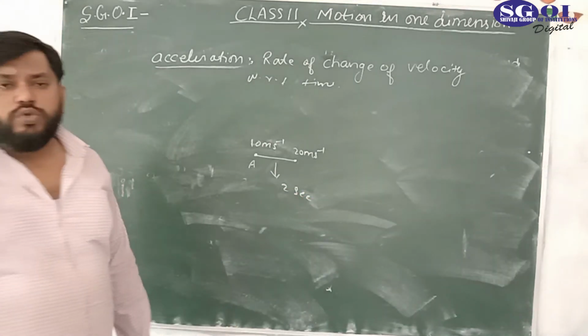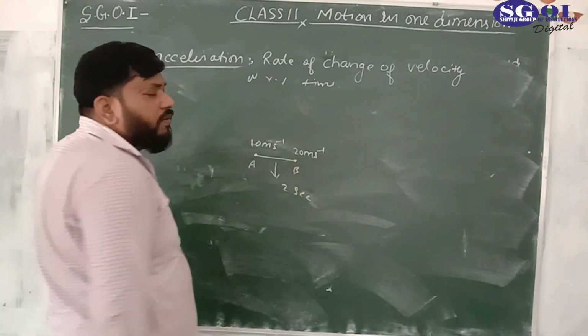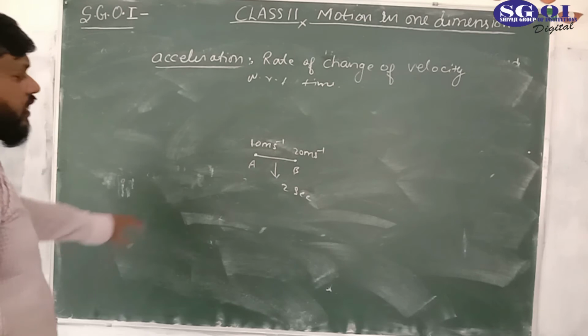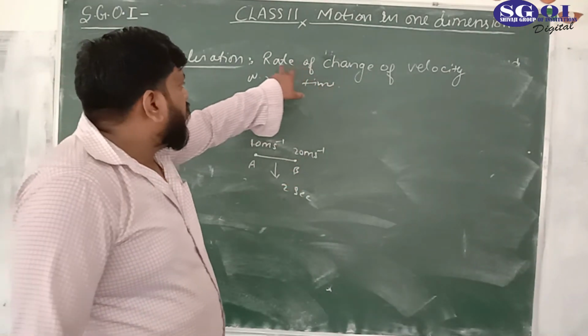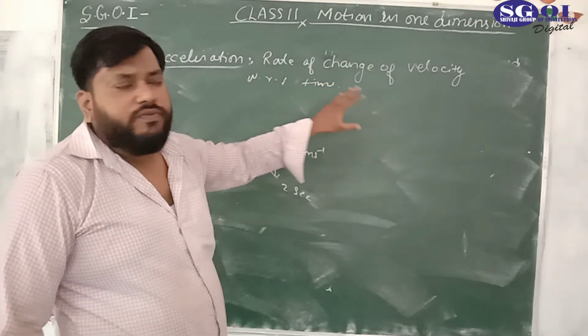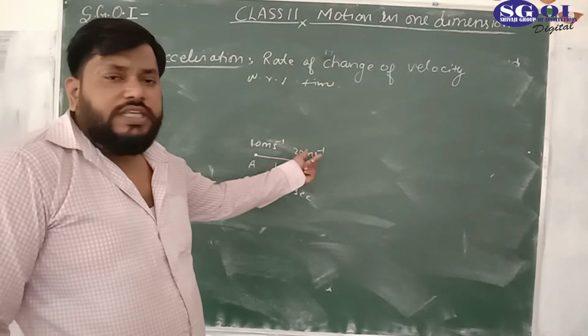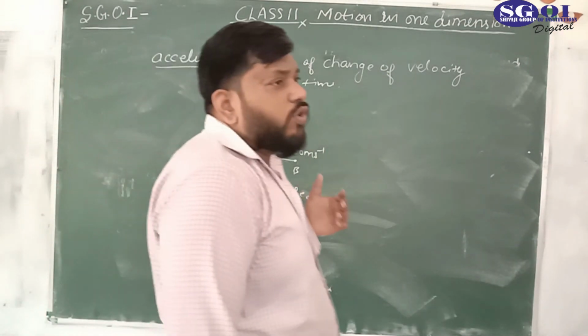So after 2 seconds the object velocity becomes 20 meter per second inverse at place B. You are seeing that with respect to time the velocity of the object is changing. So the acceleration is the rate of change of velocity with respect to time. So here velocity is changing, it means there is acceleration. Whenever the velocity changes, there would be acceleration.